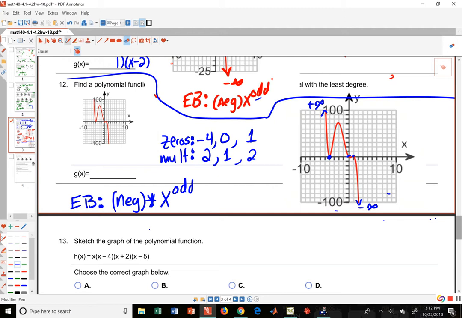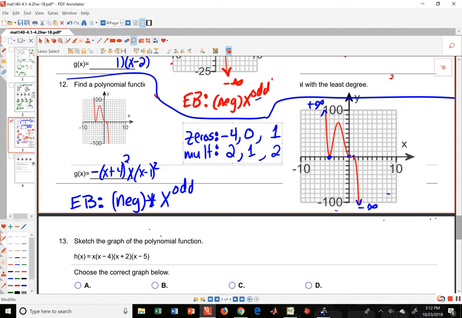So right now, my guess is that we've got a negative out front. We've got an x plus 4 quantity squared. We've got an x, and we've got an x minus 1 quantity squared. And so that's my rough estimate for what we're looking at for this function, but we're going to check it.